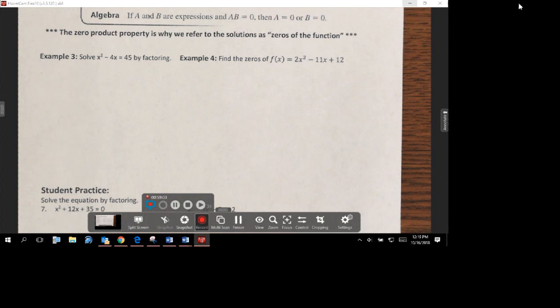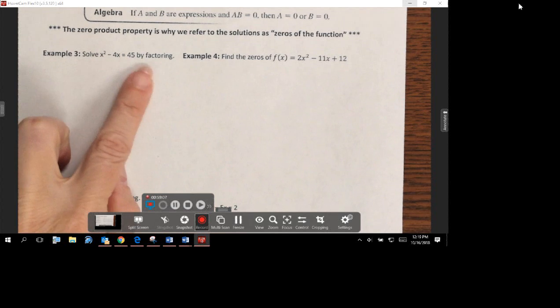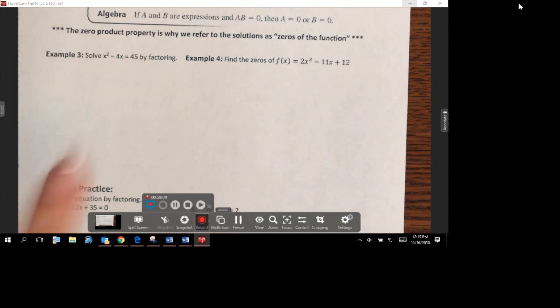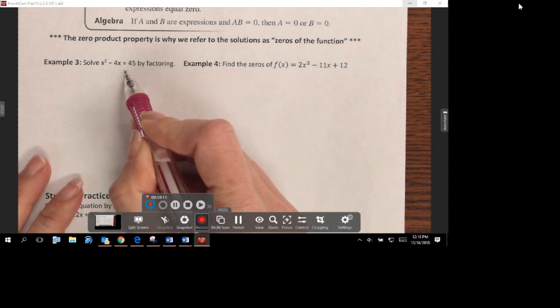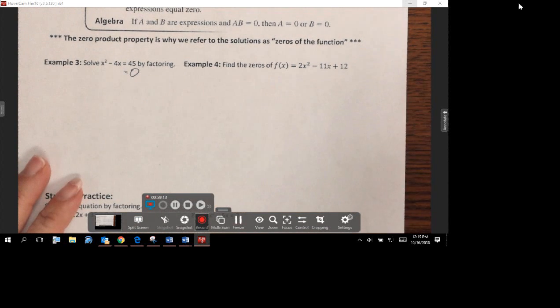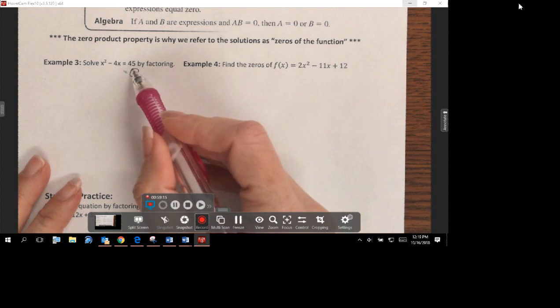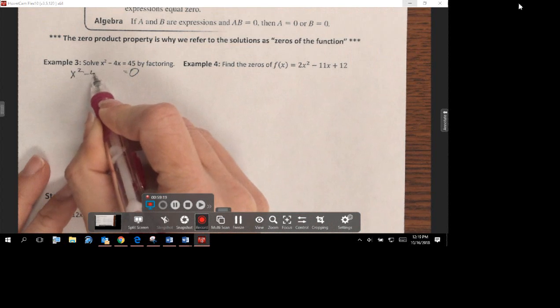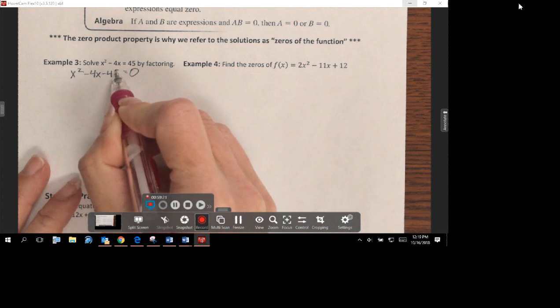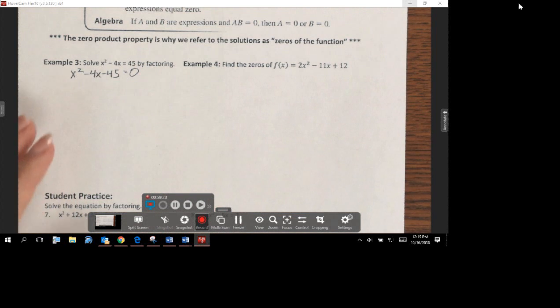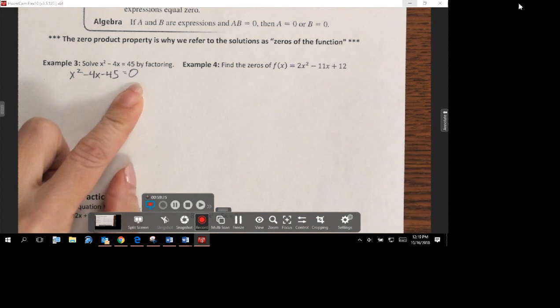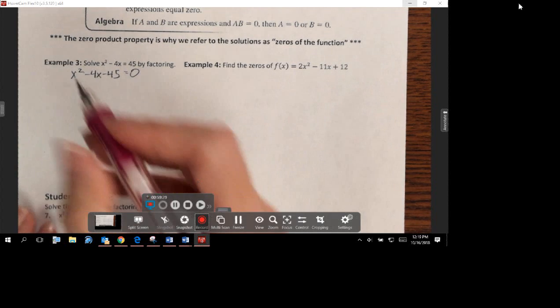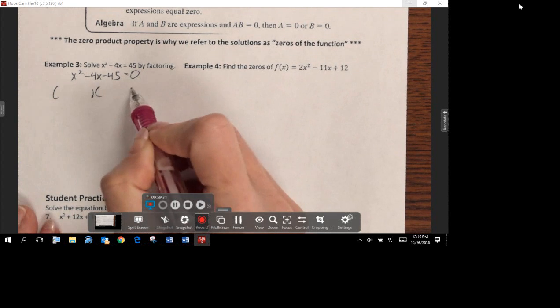On the x-intercepts, y has to be what? Do I have a 0 in there? So what I'm going to have to do is set one of these sides as 0. So to make it say 0, I'm going to subtract 45 from both sides. If I subtract 45 from both sides, now I can pretend that y is 0, which means I'm finding the x-intercepts, which are going to be the answers. So I'm going to do that by factoring.